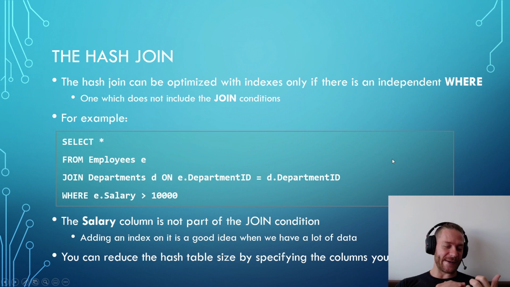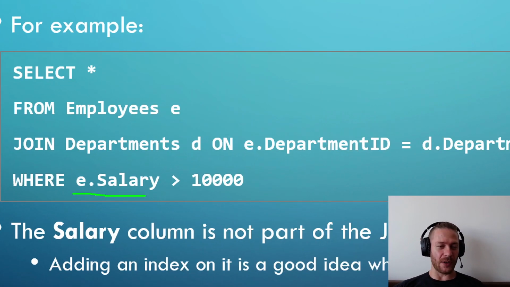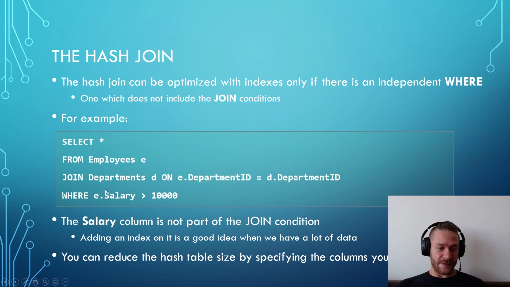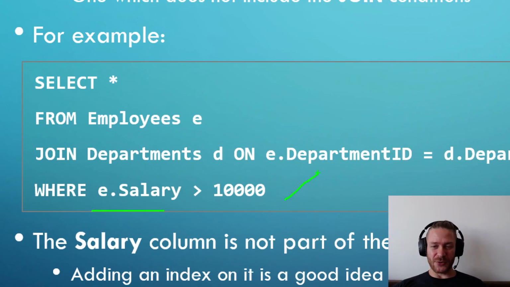So if we have an extra filter and the column from that filter is not part of the join operation, like here, we are searching for salary, which is not part of the join condition, then we can improve the query by adding an index on the salary. If the filter is part of the join condition, then there's no need to add an index.